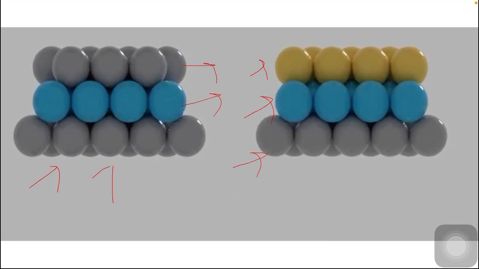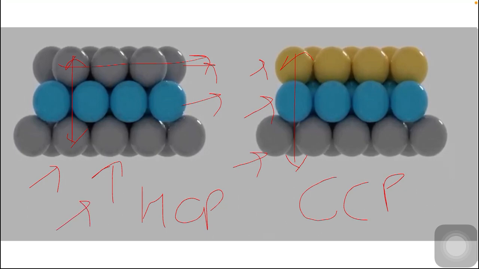See, in case of HCP structure, third layer is coinciding with the first layer of atoms. But if we compare it with cubic closed packed structure, this is not the case in this type of stacking of atoms.